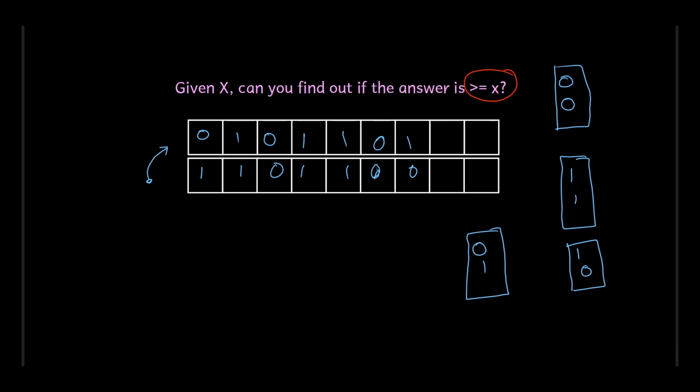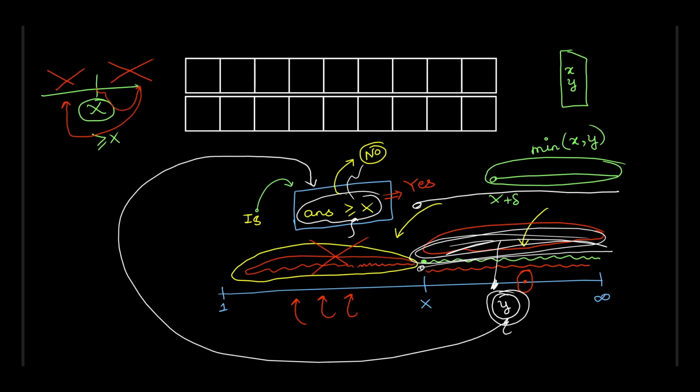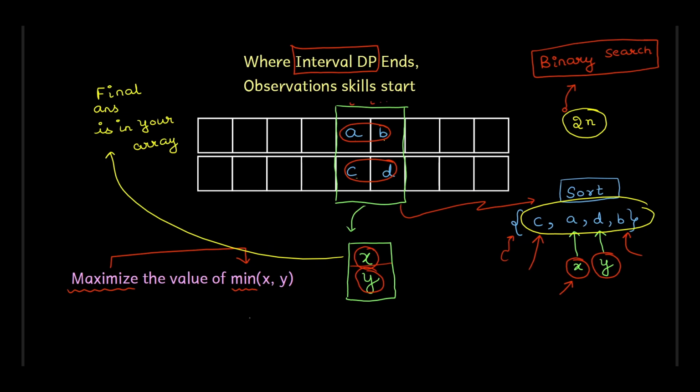Now, if you have been noticing closely, you will realize another sharp observation that is actually not obvious to see: the problem is asking you to maximize the value of this minima. But if you look at the algorithm that we are applying, we are sorting, and then we want to place the smallest, the second smallest over here, and the third smallest over here.